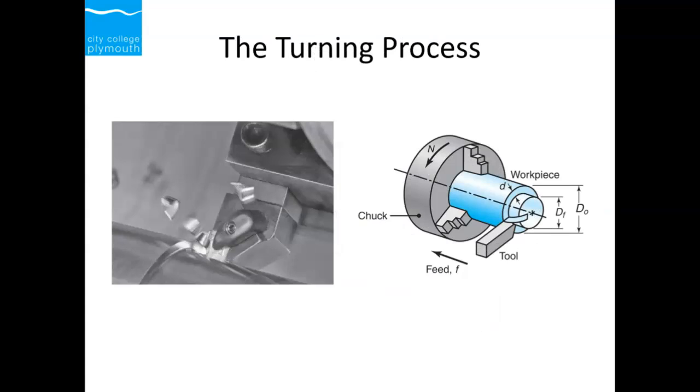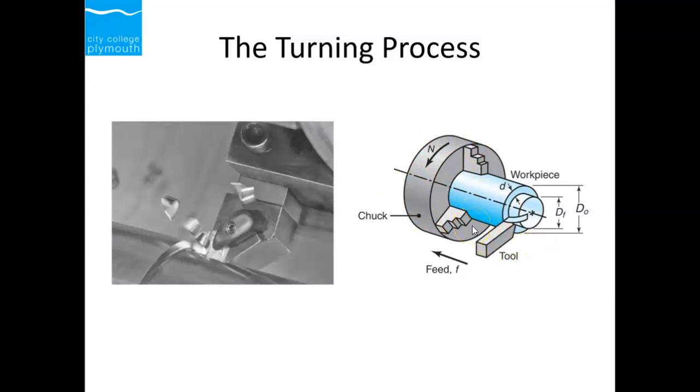Now, let's have a look at the turning process. In a turning process, the tool is here, that's the tool. The direction of travel of the tool is along this x-axis. This is a chuck, rotating in this direction, let's say anti-clockwise. The tool moves, the feed moves here.